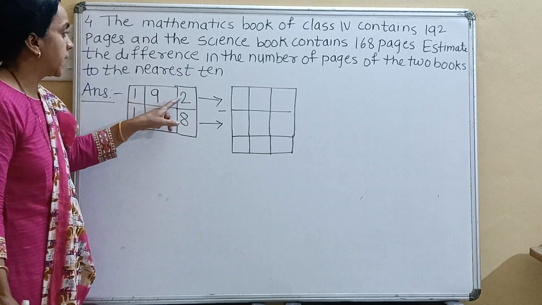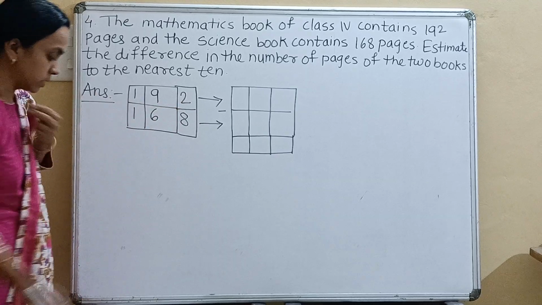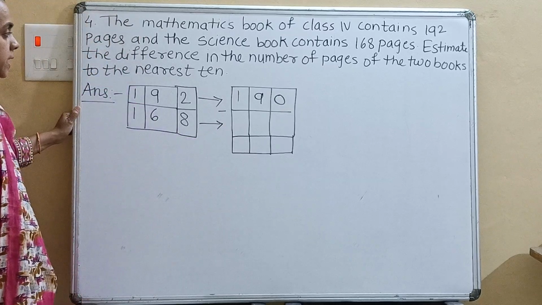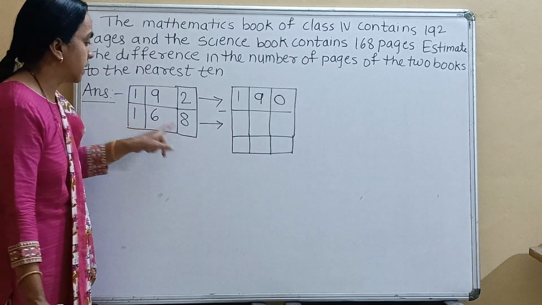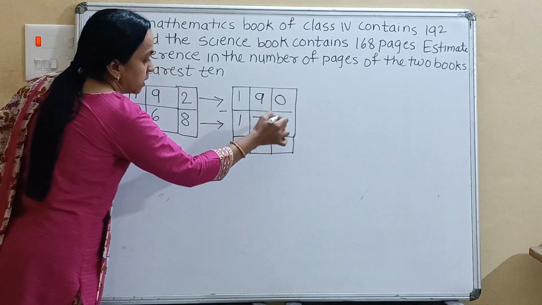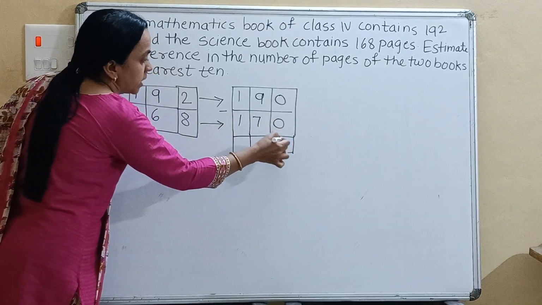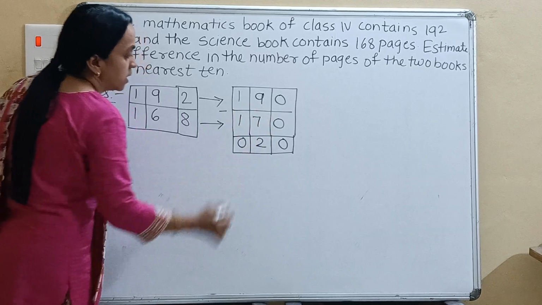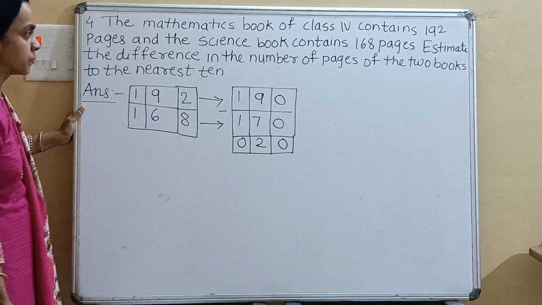So 192 is very much closer to 190. So write down here 190, and 168 is very much closer to 170. Now do the subtraction. 0 minus 0, 0, 9 minus 7, 2, 1 minus 1, 0. 20.